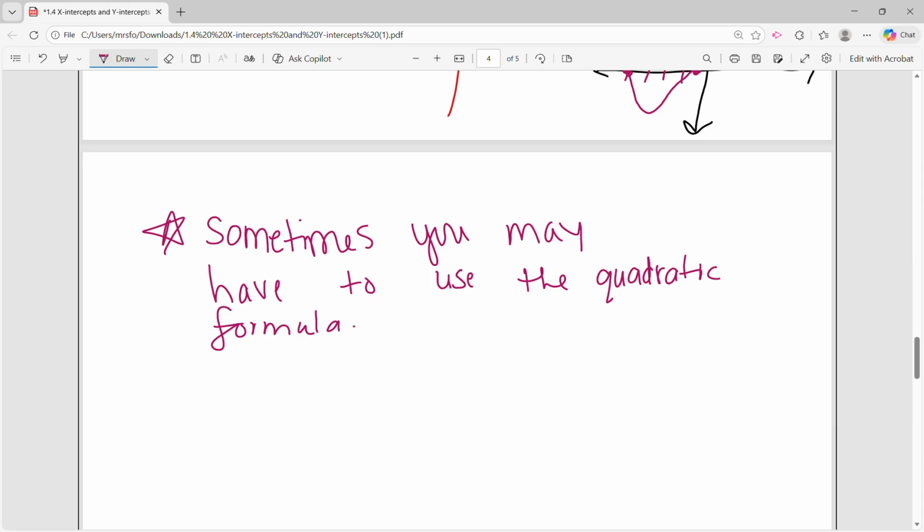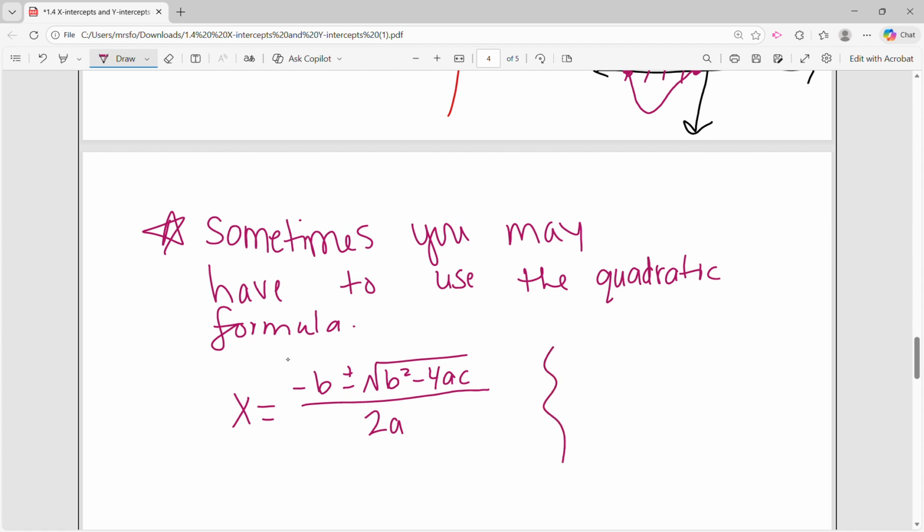If you were in Math 100 with me last semester, we did the quadratic formula right at the end. But if not, you might remember it as -b plus or minus the square root of b squared minus 4ac, divided by 2a.